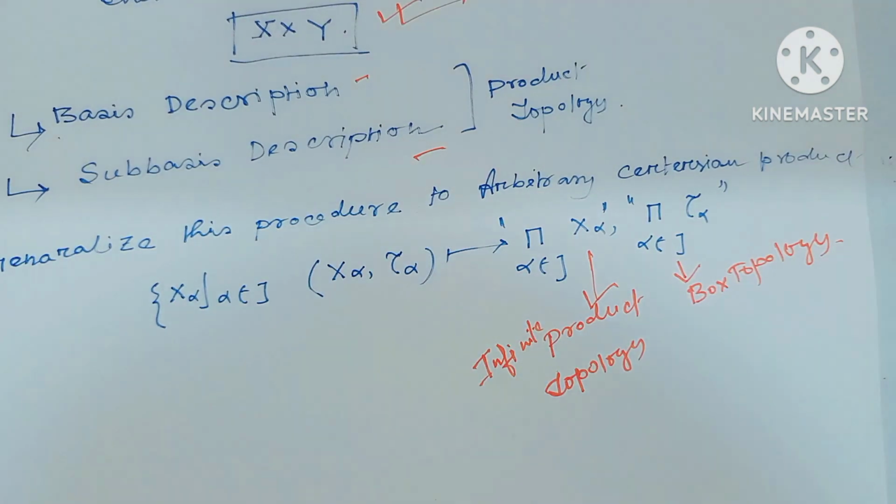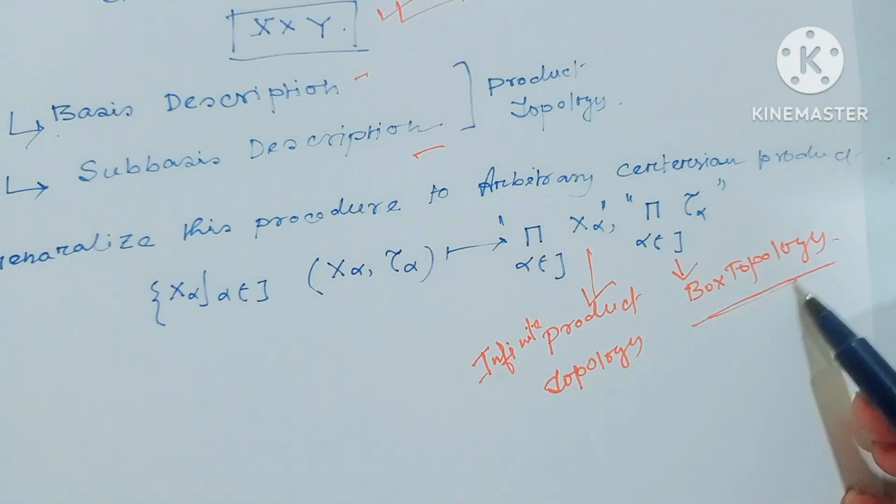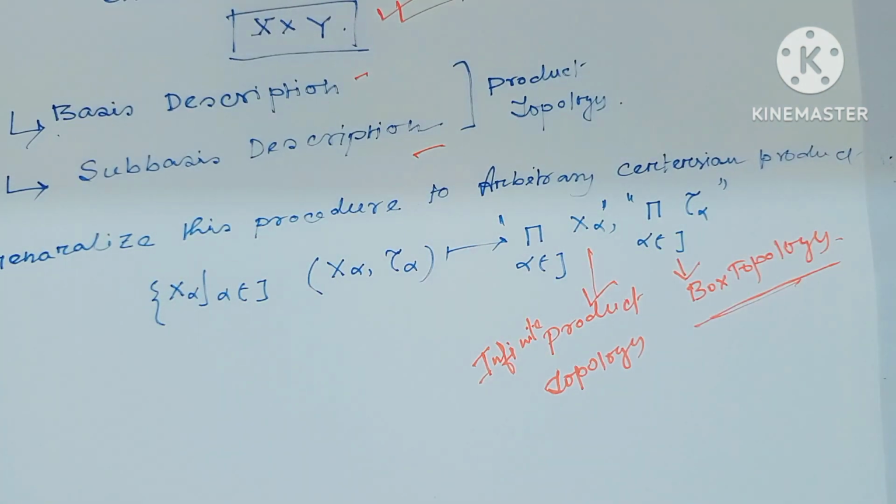That means when infinite product of open set, then this is nothing but this is the box topology. I hope my all viewers have understood what is the product topology and what is the box topology when arbitrary Cartesian product. When finite Cartesian product, then product topology and box topology both are same.